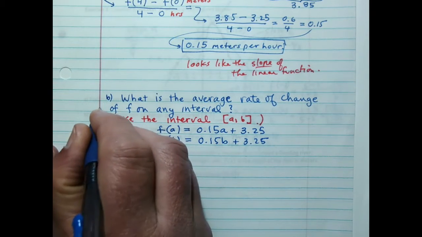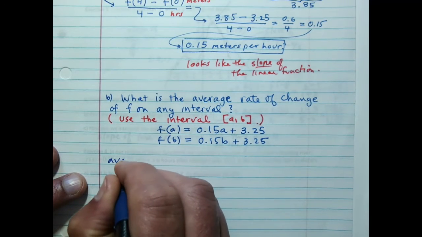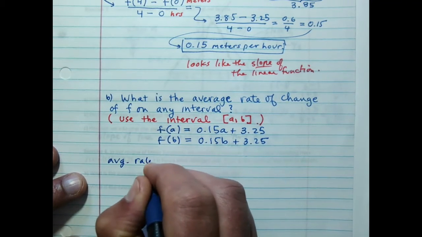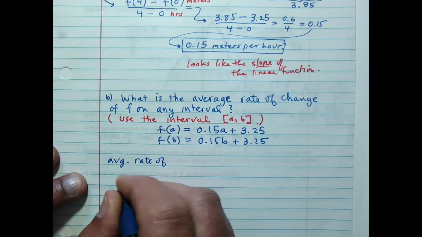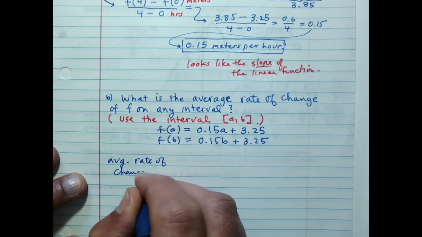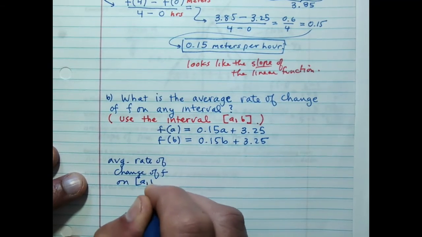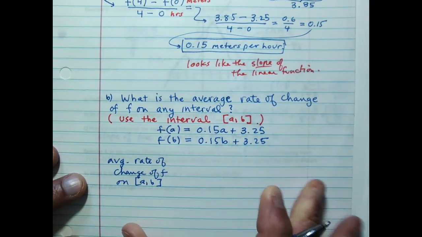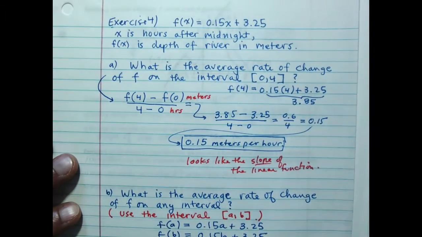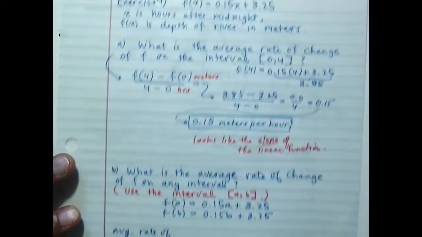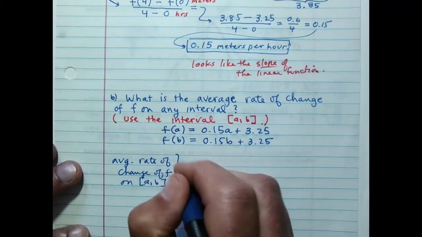And so the average rate of change of f on the interval from a to b. So we're still in exercise 4, so we're using our function that was given for exercise 4 here.